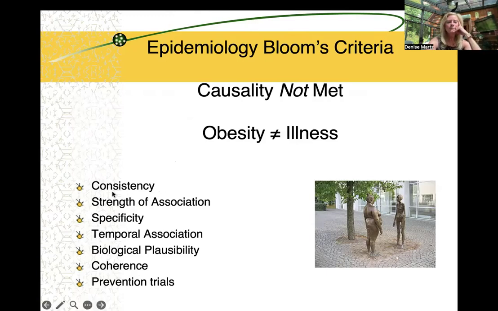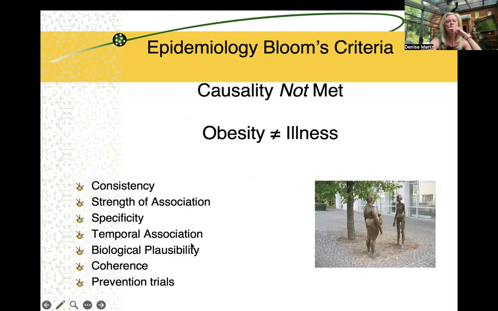We do not have consistency across the scientific research. We're going to talk in a minute about how larger bodies, if they are fit, are healthier than lean bodies that are not fit. The strength of the association is small, and the reason it's only small is because it's not specific. You've got to look at those health behavior metrics and not simply BMI as a predictor.